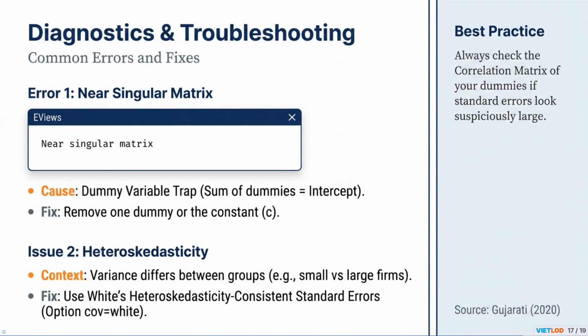The most common error you'll encounter is the near singular matrix error. This is almost always caused by falling into the dummy variable trap. The fix is simple: remove one of the dummy variables or remove the intercept term. Another common issue, especially in cross-sectional data, is heteroscedasticity. This means the variance of the error term is not constant across observations.